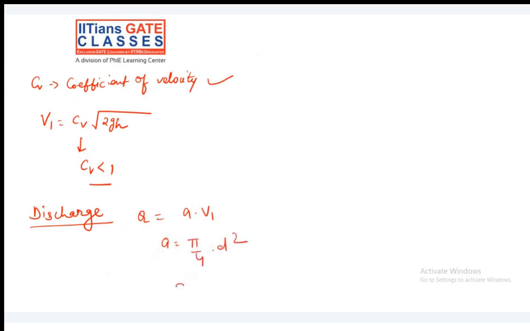And what is this d? D is nothing but the diameter of the jet. And this diameter is at what place? At the nozzle outlet, or A is nothing but the area of the jet. Okay. So till this point things are clear.